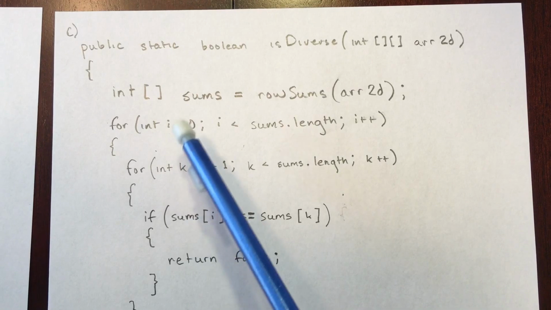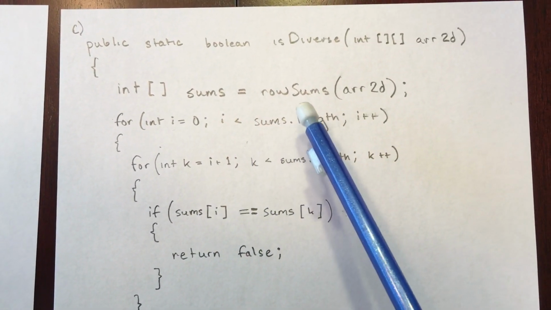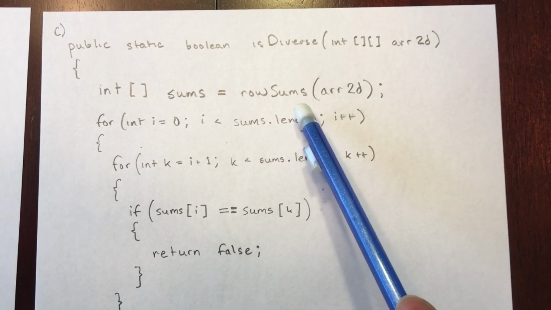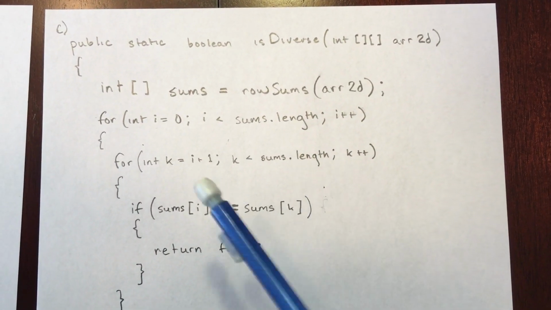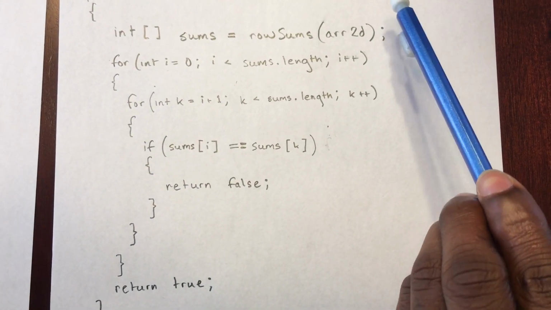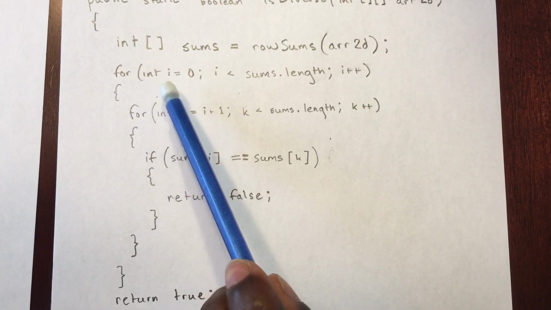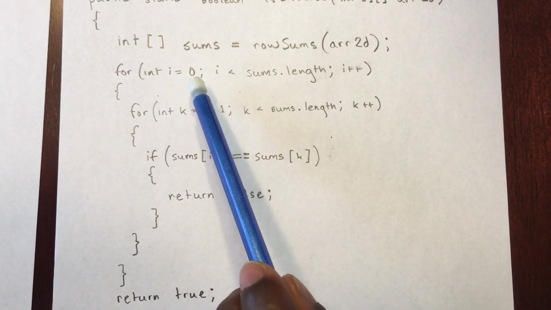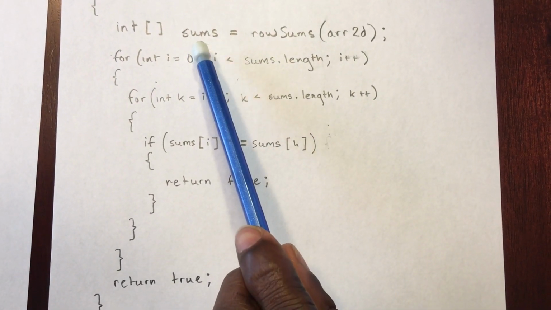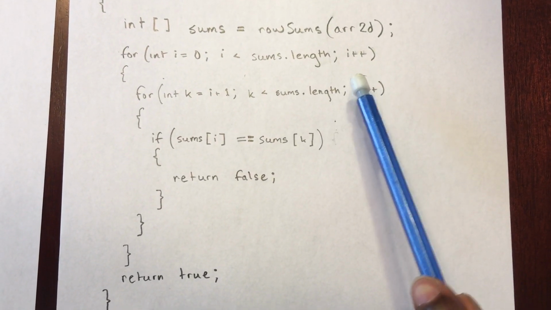So I created first a one-dimensional array using the row sums method we defined earlier that contained the sums of all of the rows of the two-dimensional array that we input. Then I started a for loop starting at index 0, less than the length of the array of sums, and we iterate each time we go through the loop.